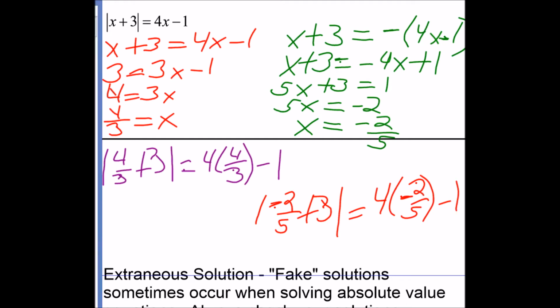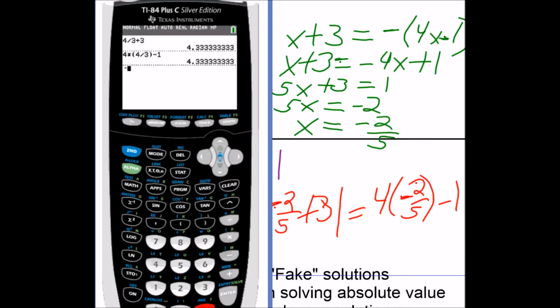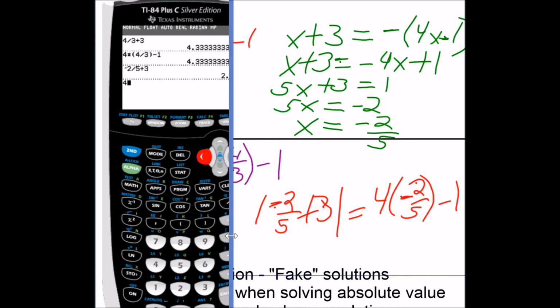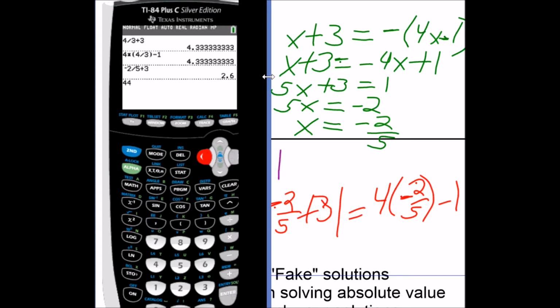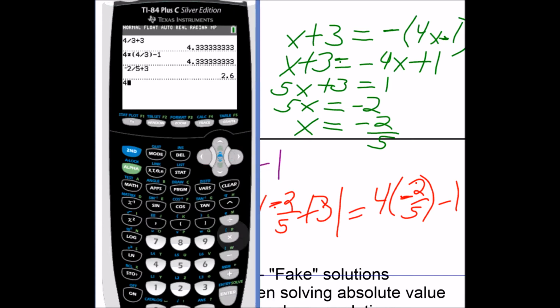Bring that calculator back. -2/5 plus 3 equals, right, positive 2.6. Now I'm going to do 4 times -2/5 minus 1.